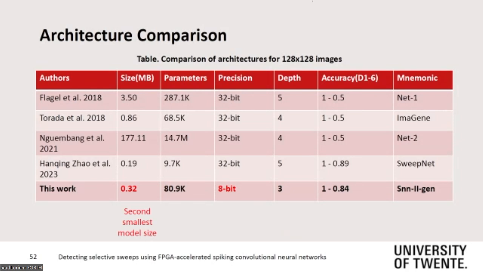Although we have 80,000 parameters, we still have the second smallest model size because the precision of our network is only 8-bit.